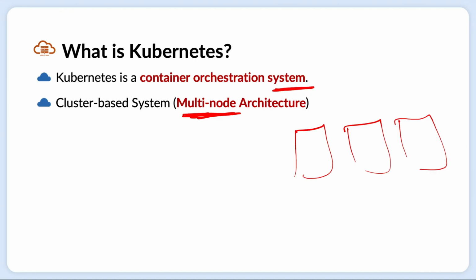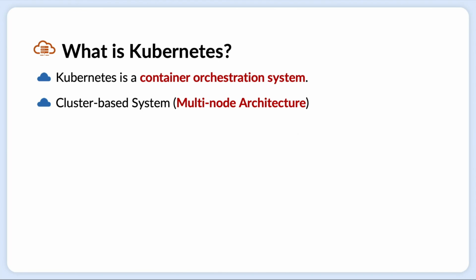So what it does is run containers in cluster mode, where we will have multiple nodes where containers will be running. So if one node goes down, if one virtual machine goes down, then still our container will be running from a different virtual machine.